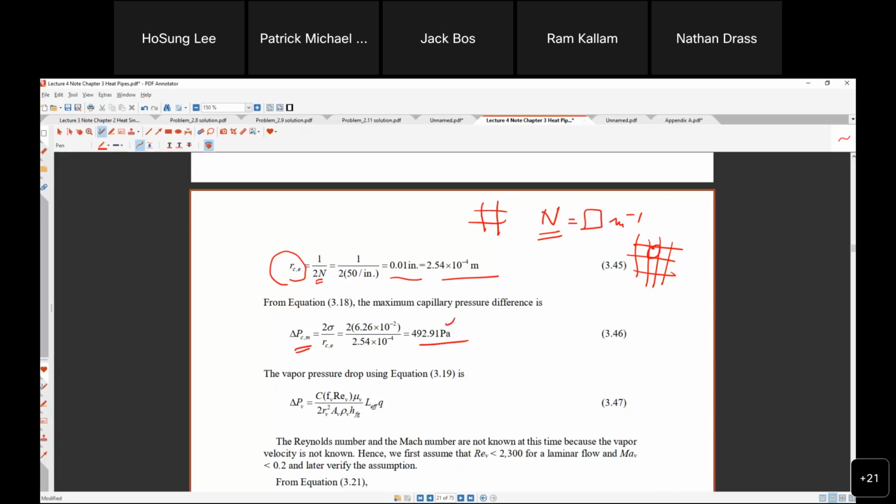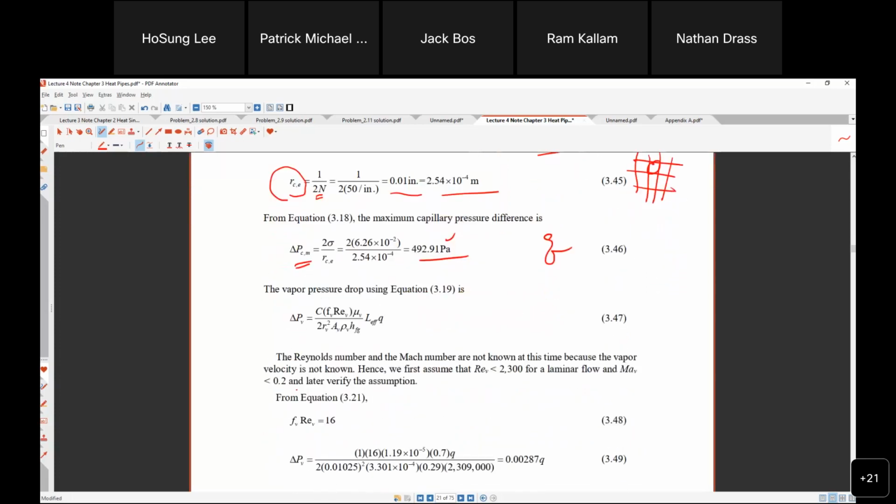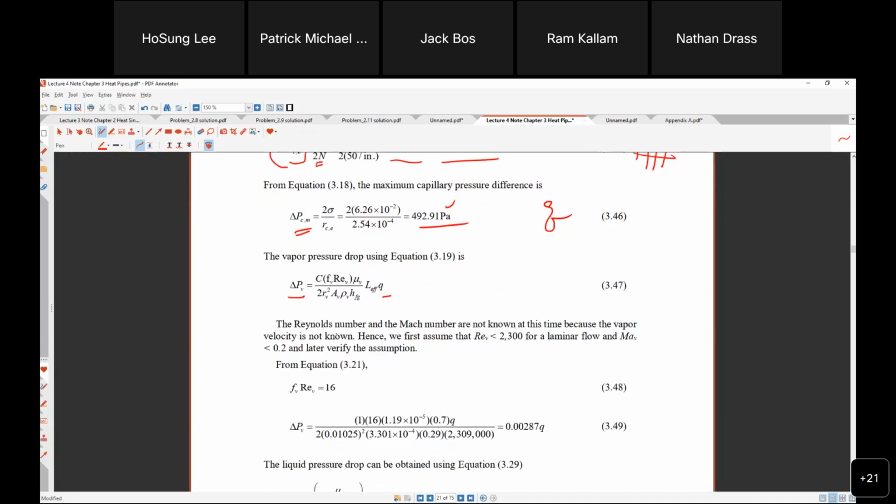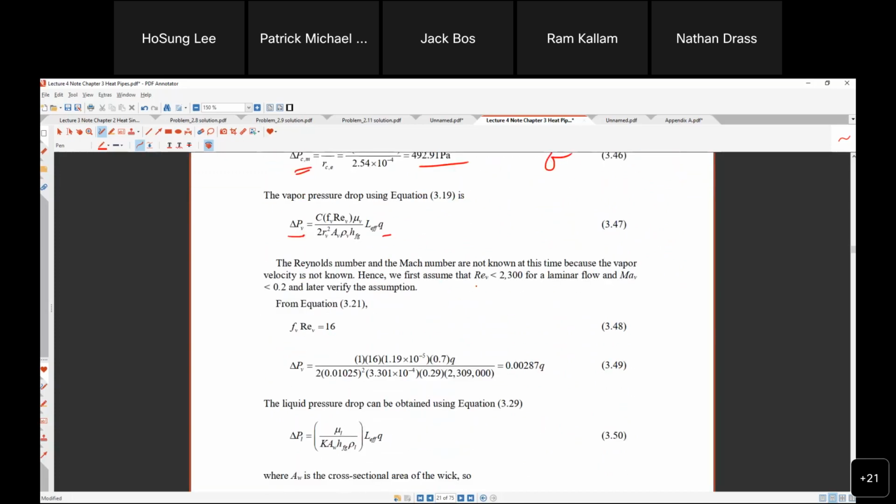But for the pressure, now we need the Q. Let's look at dP in terms of Q. So we assume laminar. If it is not, we're in trouble. So we assume that, and in terms of Q, we plug in all the numbers and equations.